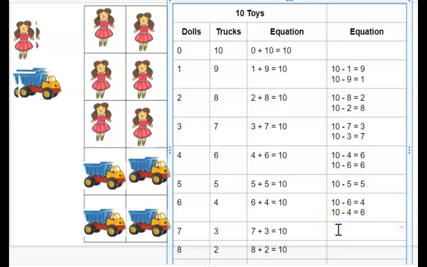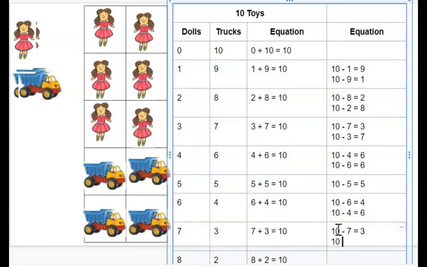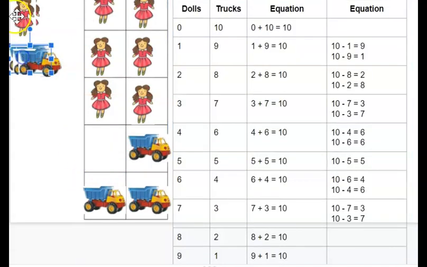Let's do the next one. 10 minus 7 is equal to 3. I know this because 7 plus 3 equals 10, so 10 minus 7 equals 3, and also 10 minus 3 is equal to 7. Let's look at that picture.